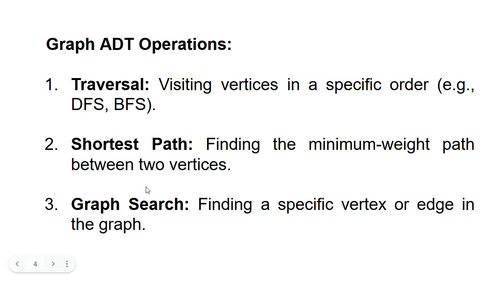Those are all the common ADT operations in a graph. In a real-time example, we can say the graph ADT can be used to make a path between the locations in a city.